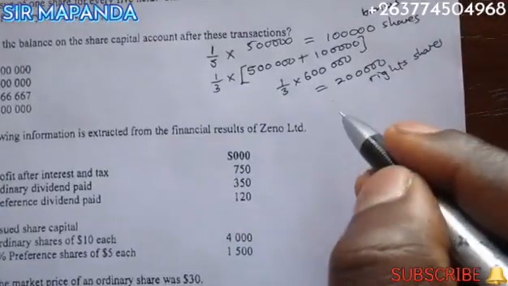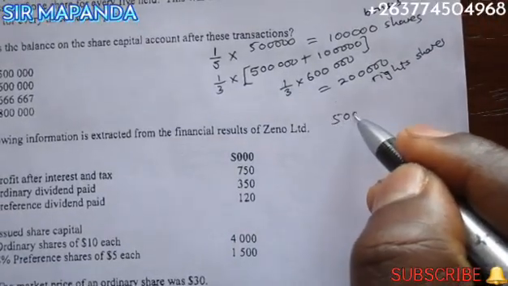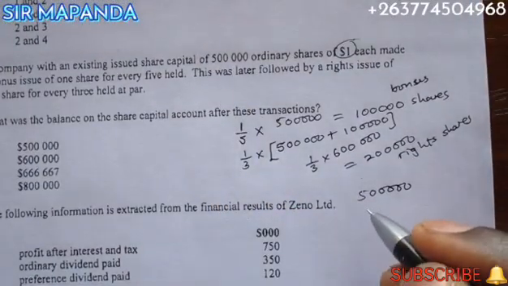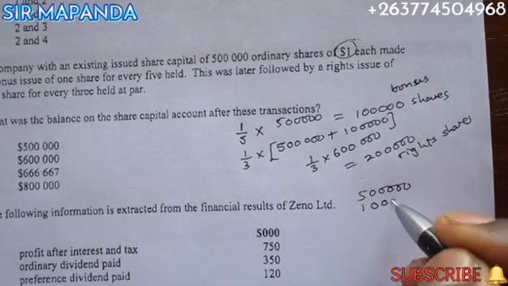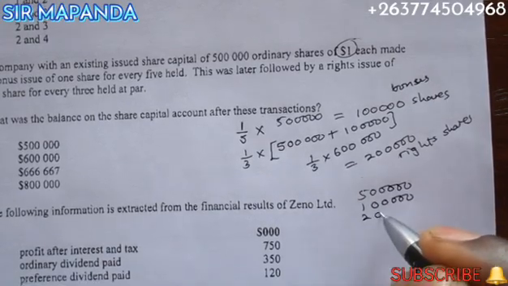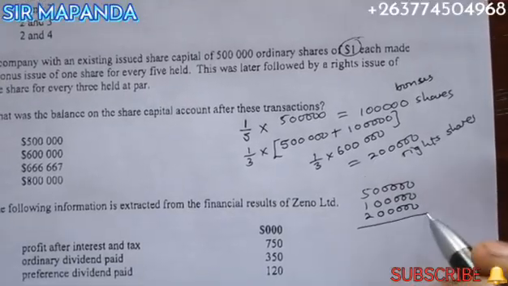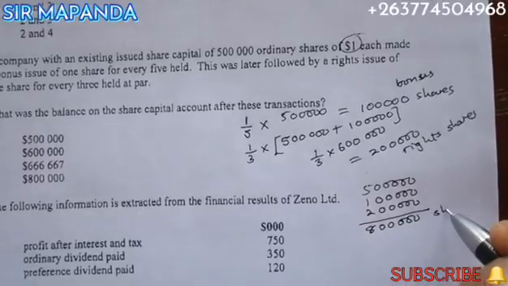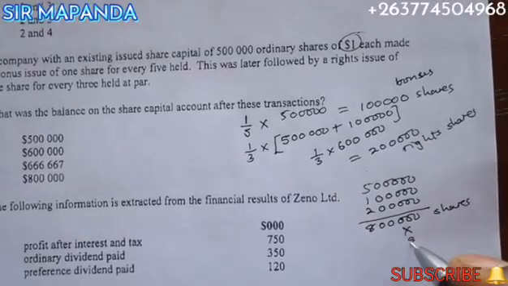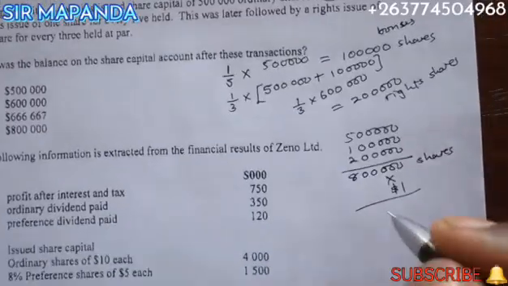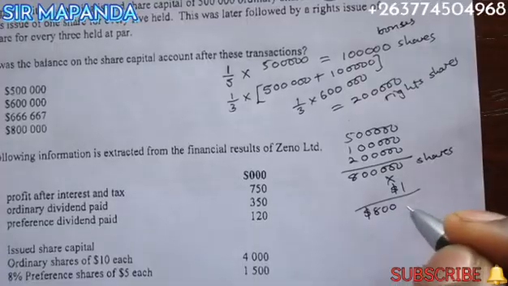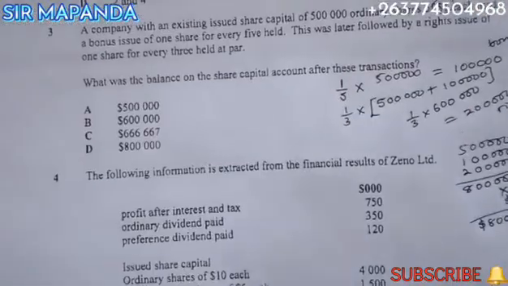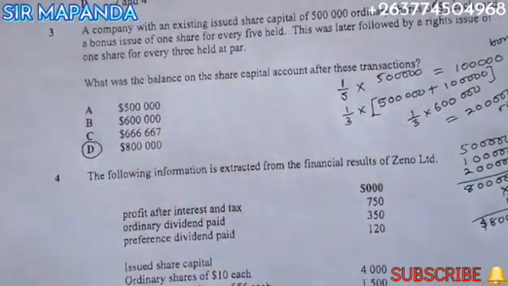So remember, before the transactions, we had 500,000, which was given by the question here. 500,000 is going to be added by 100,000 of bonus as well as 200,000 of rights. 5 plus 1 plus 2, you get a total of 800,000 shares to be multiplied by the par value of $1. It means the ordinary share capital account after these transactions is going to sit at 800,000. And our option here is D. I hope you are following.